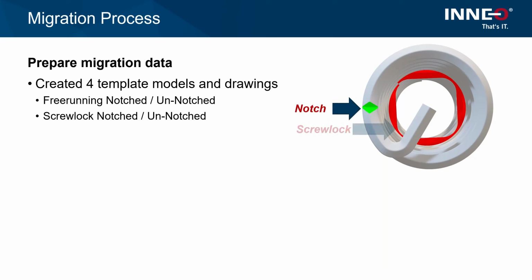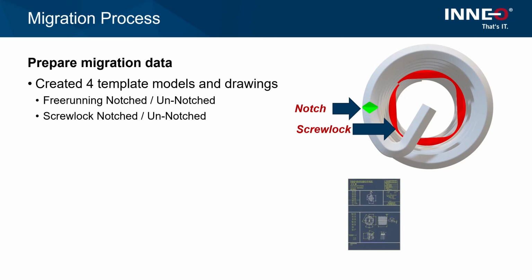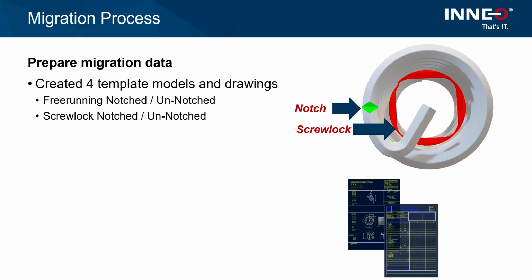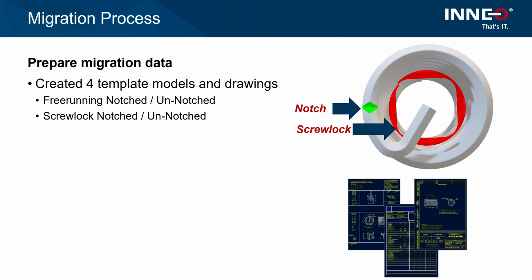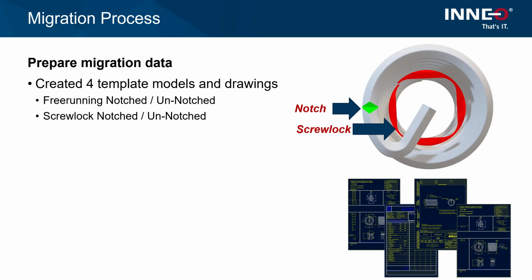So the free running is the one without the red section in the middle where you have the grip screw in it, and then the screw lock is the one with the red, and then we also have the variant of it that's notched or unnotched. And for each one of these variants we then had the 4 different drawing sheets which would show the different parameters. So some of them we had to remove values because we don't have the grip in there, or we don't have the notch in there.